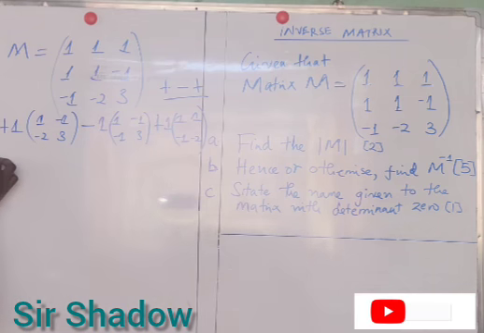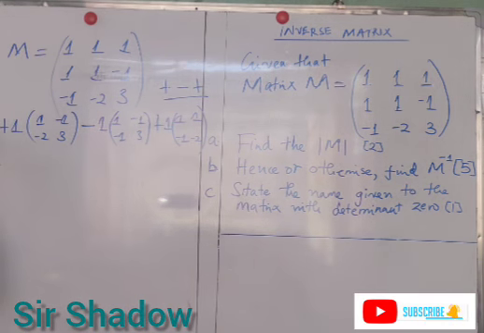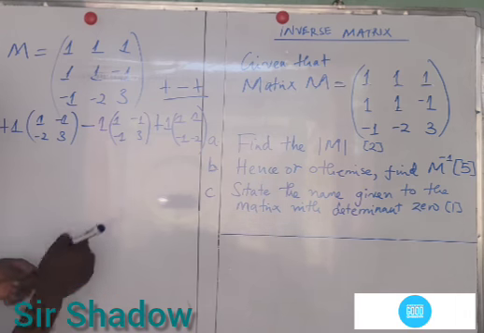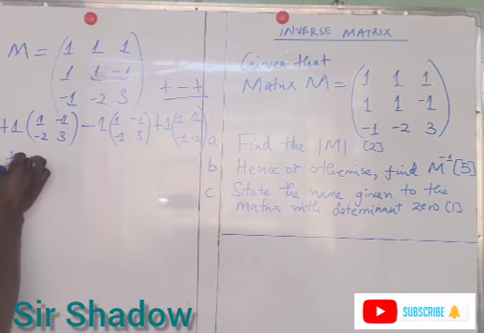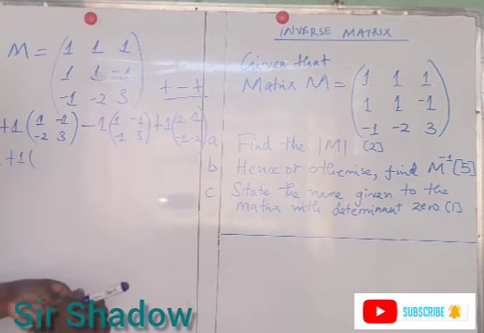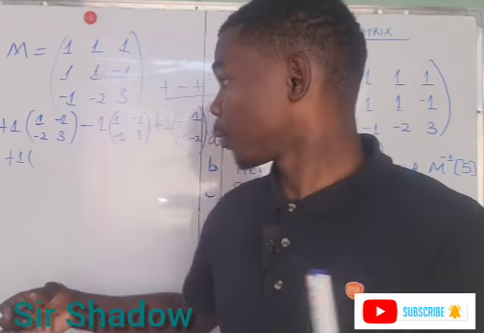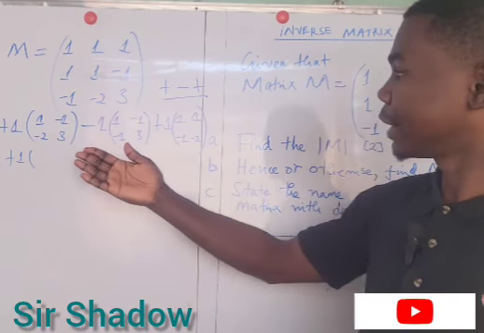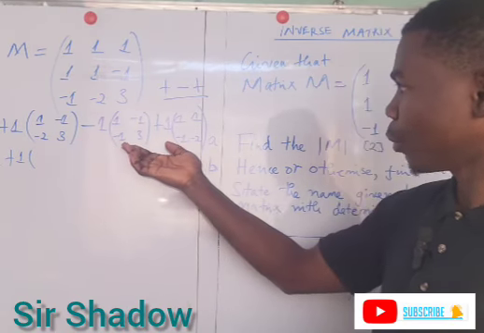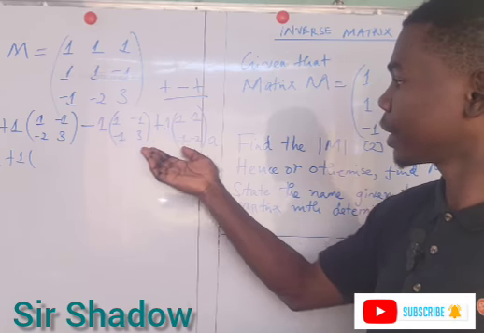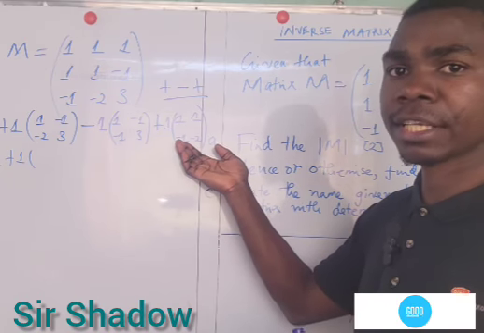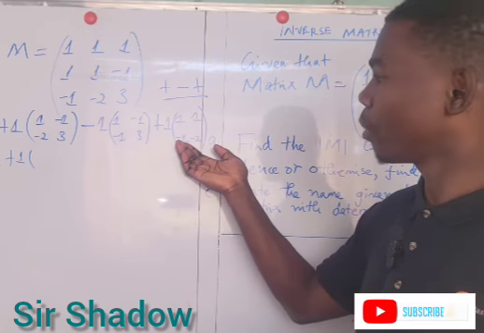So let's now simplify in order to find the determinant of M. So we are saying positive 1 is multiplying. Remember, we want to find the determinant of this 2 by 2 matrix, and also the determinant of this 2 by 2 matrix, and finally the determinant of this 2 by 2 matrix.